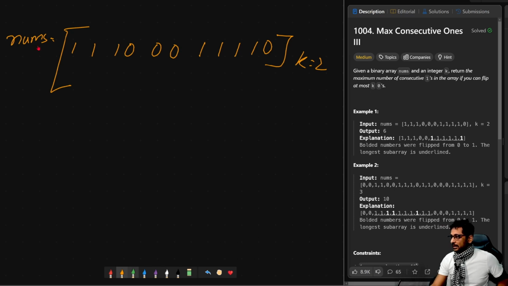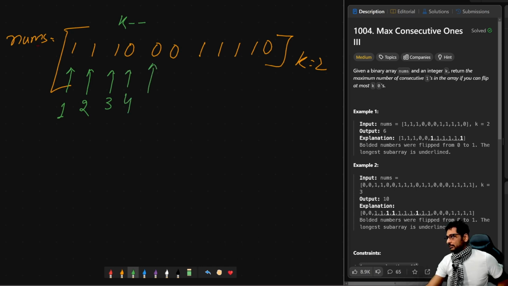Exactly the same way we derived our previous question, Max Consecutive Ones 2, we're going to keep calculating the prefix sum from index number 1. So this will be 1, 2 and 3. When we get our first 0, we're going to reduce our k by 1, k minus minus, and we keep calculating, so 4.